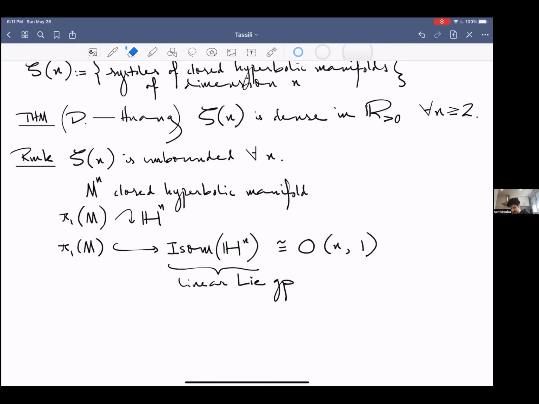This group has 4 components, and these are two of the 4 connected components. Say this is a quadratic form of signature (n,1).